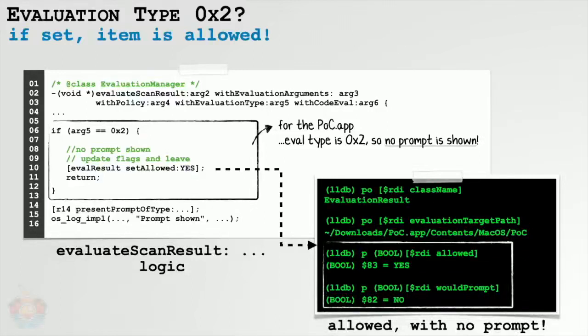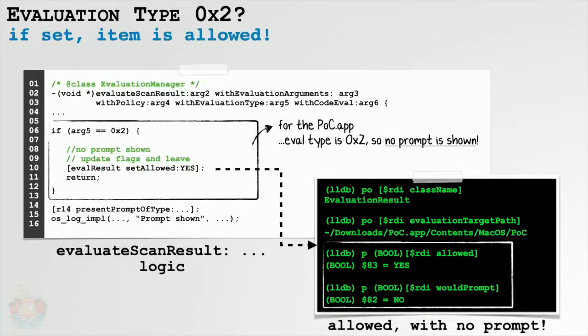So we have some breadcrumbs. We know syspolicyd appears to be triggering the Gatekeeper evaluations, and we know now that for some reason it's evaluating our bare-bones script-based application to type 2, which again for some reason means it's allowed. So the question then becomes, what is evaluation type 2? Where is it set? Because this is likely going to point us exactly to the root cause of the vulnerability.